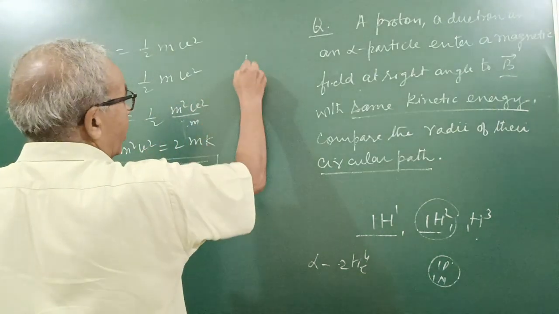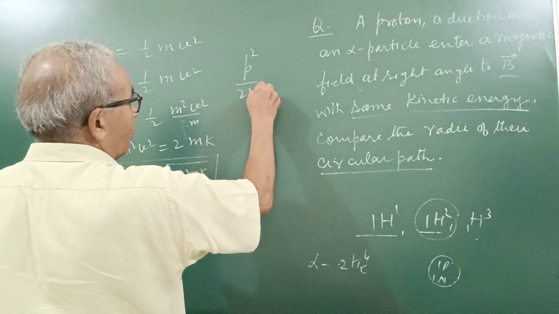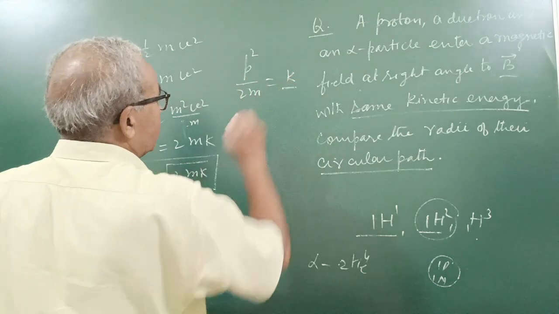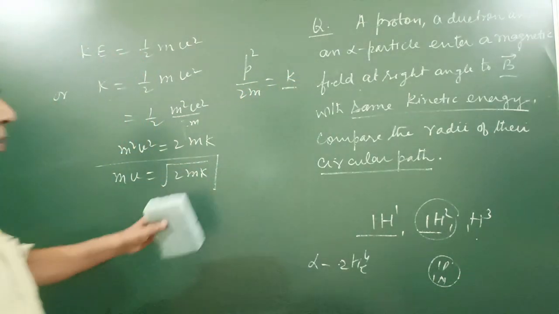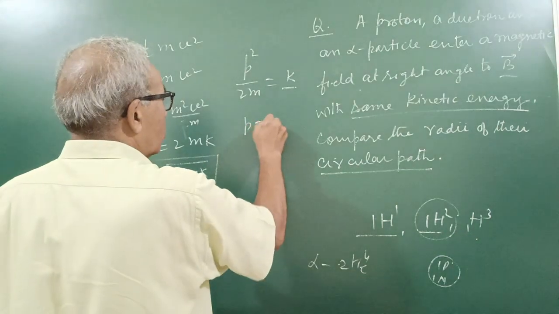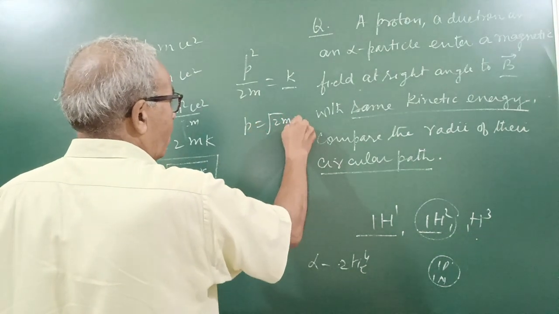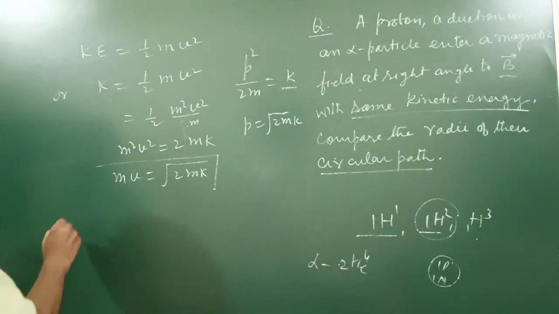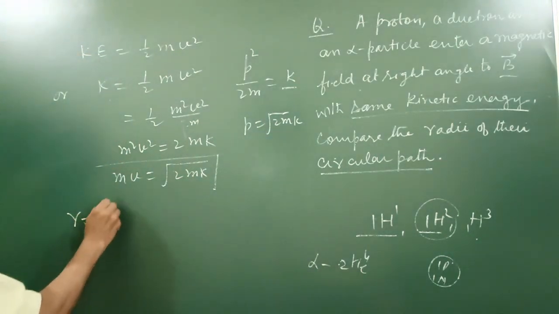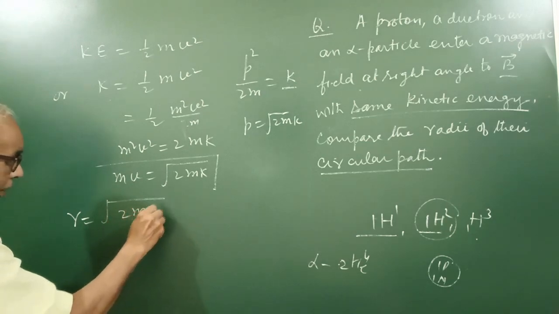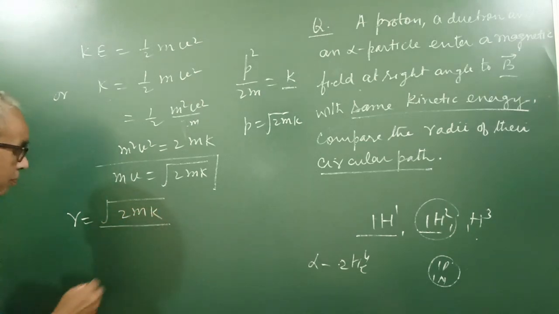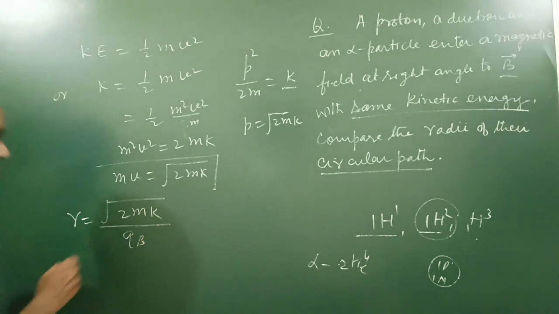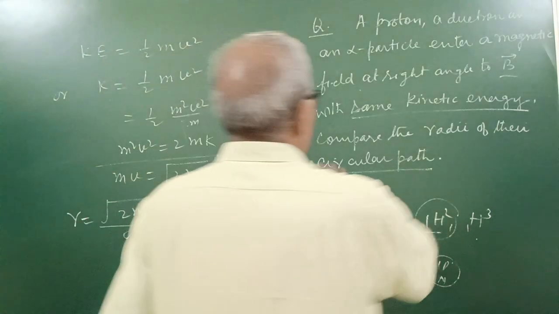Actually, generally we write p square upon 2m equals kinetic energy K, or p equals under root 2mK. So here mv becomes under root 2mK, so the radius is under root 2mK upon qB, where q is the charge.